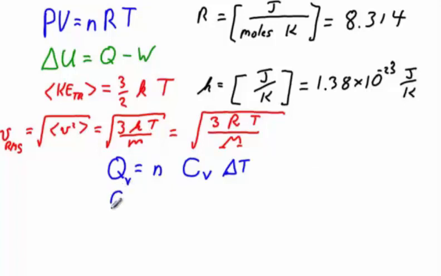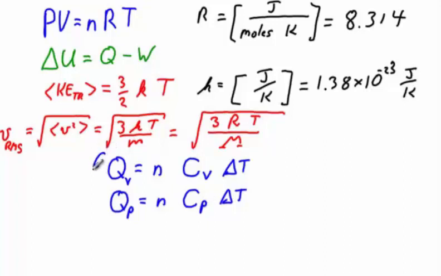As a result, the amount of heat necessary to flow when the system is kept at constant pressure still has an n and a ΔT, but the proportionality constant is going to be different, and the proportionality constant will be the molar specific heat at constant pressure rather than the one at constant volume.